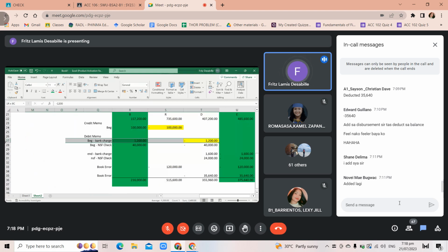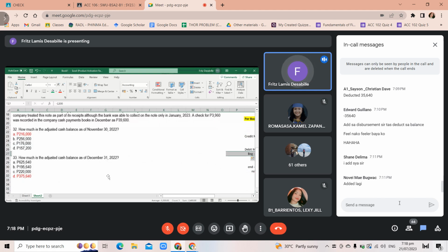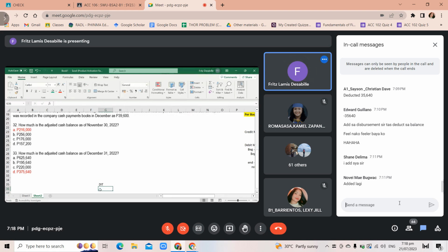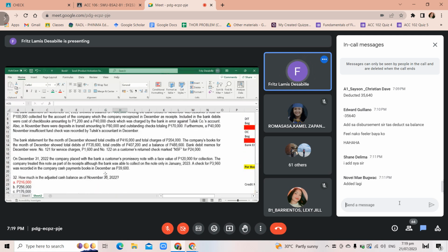so checking here, do we have credit memos? Let's see, guys, once we compute the credit memos, basically, we get the deposit in transit. For this deposit in transit, guys, basically the receipts should be the same for both bank and books.